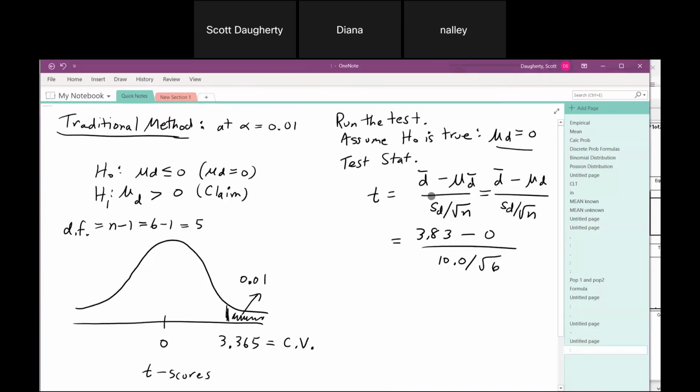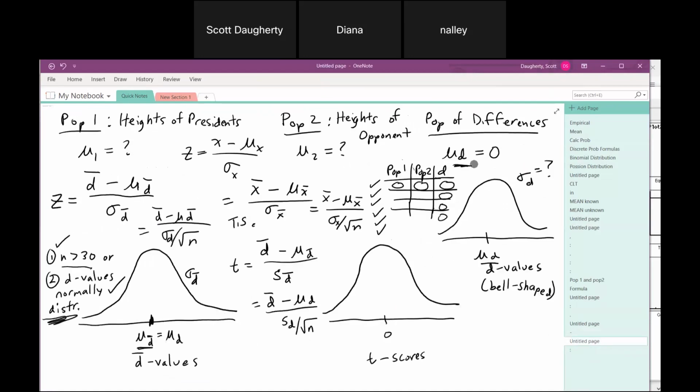Now, what's happening here is mu sub D is really 0, right? The mean of the population of differences, this averages to 0.